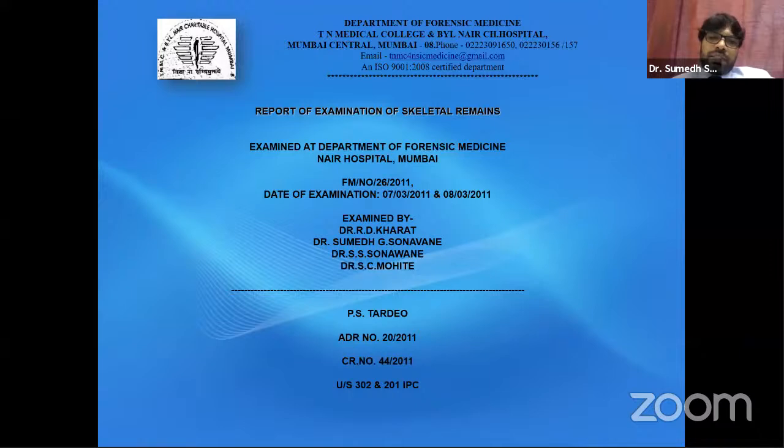This is how we prepare the report of examination of skeletal remains. I would like to say a proud moment: the AIIMS team came to our department and saw our presentation, and we were very much appreciated by the AIIMS New Delhi people, and they said they are going to copy our report.